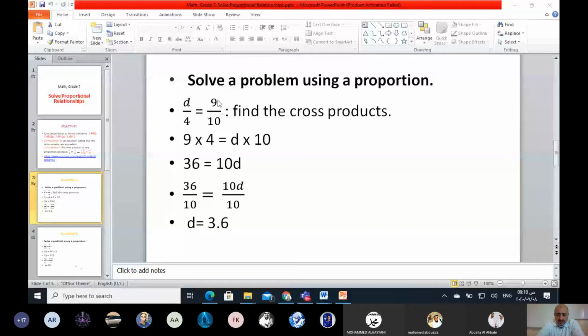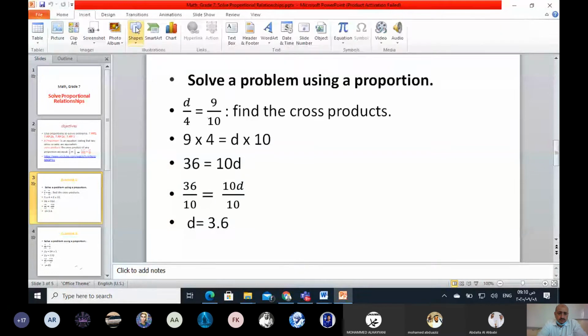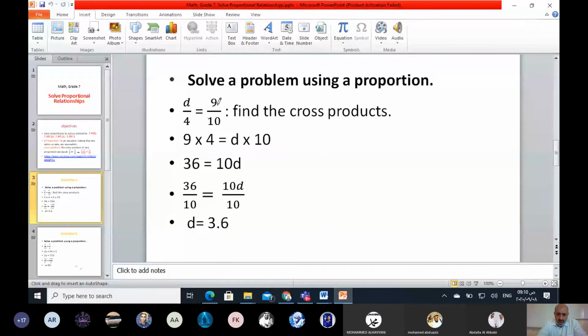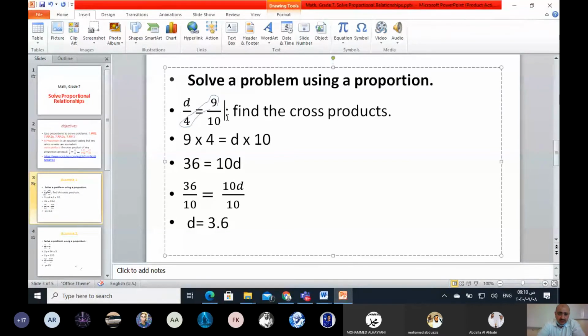Take the number up here, 9, then multiply by the number down, 4. Write 9 times 4.